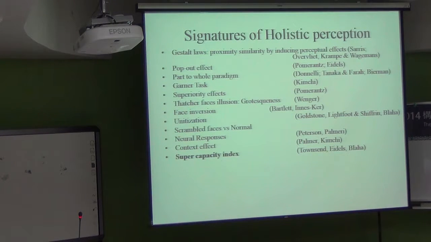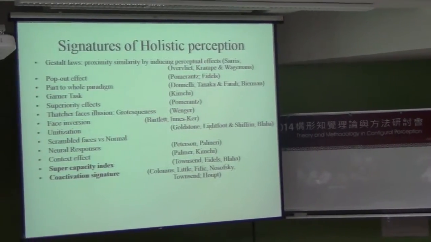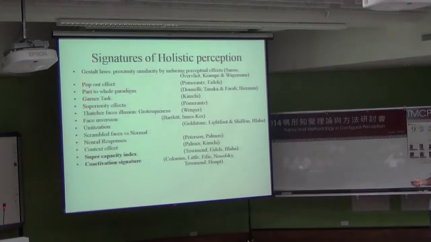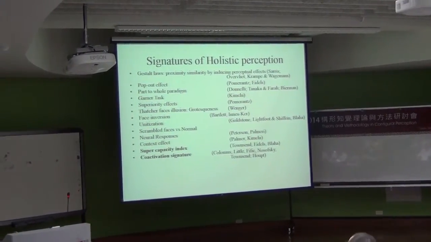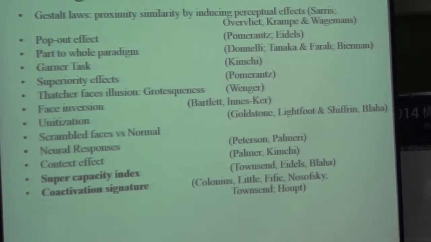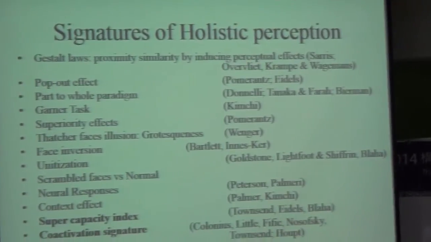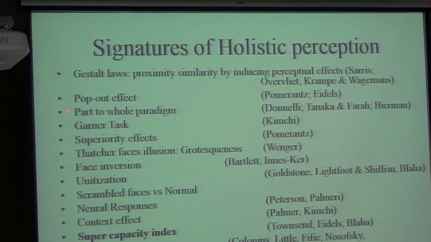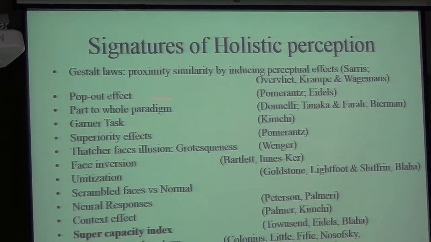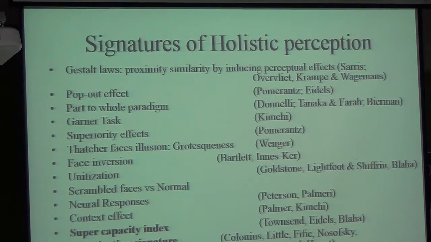Something closer to our interest, which Jim already mentioned, is the supercapacity index, and this one is a product from our kitchen, which is called the co-activation signature too. So we have plenty of different ways we can try to identify holism. The question is whether they are really good indicators of holistic processes or not. And we also pay special attention to the part-whole paradigm that has been used by several researchers before.